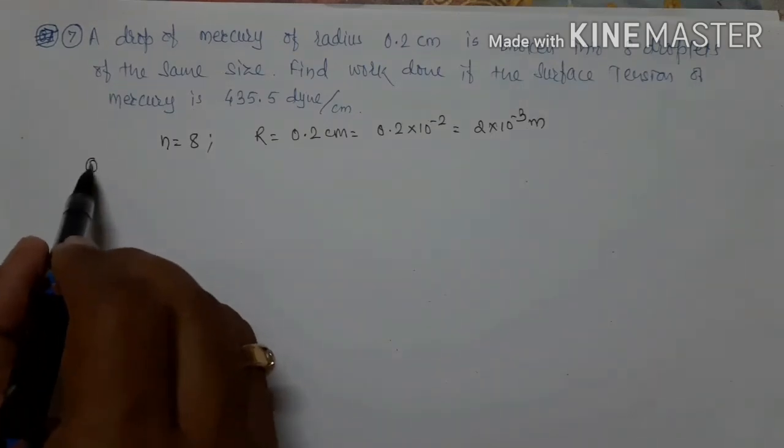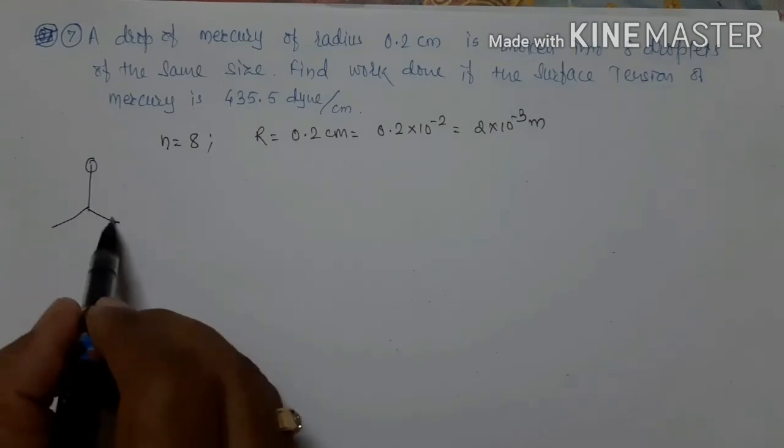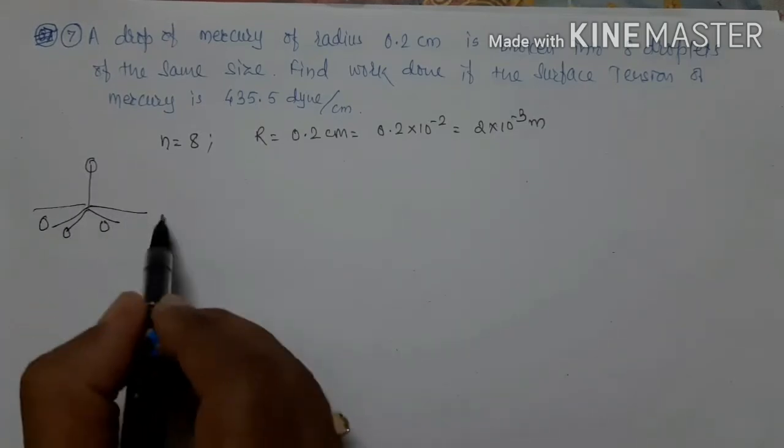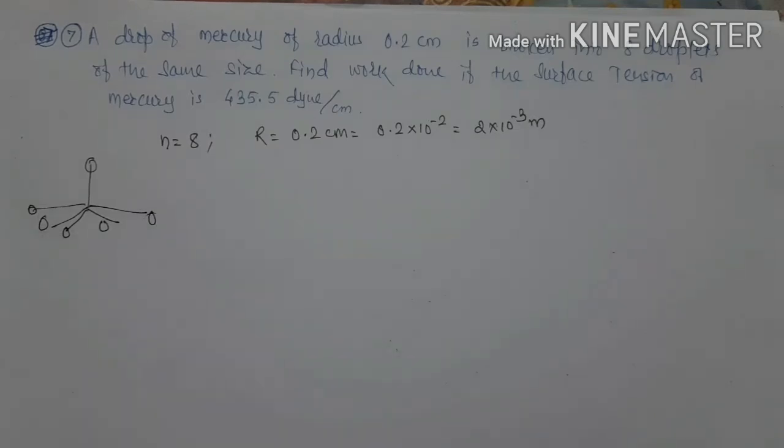When a single drop is broken into n number of droplets like this, at that time there is increase of surface area. With increase of surface area there will be increase in energy, and this energy is increased because the energy is absorbed. When n droplets coalesce, energy is released.